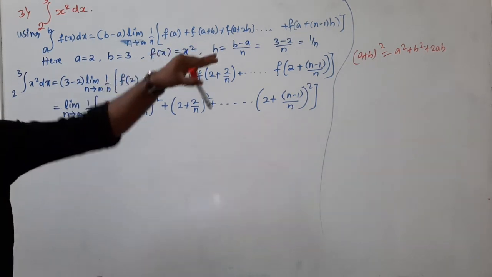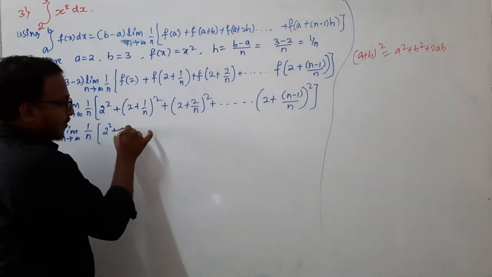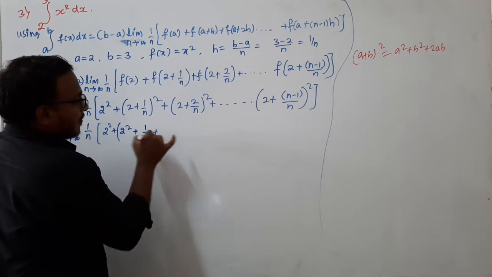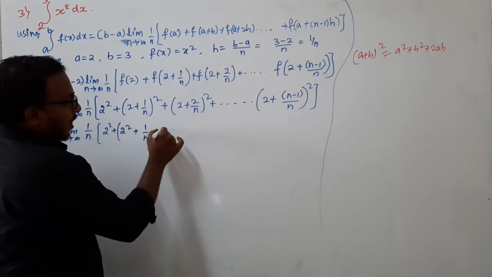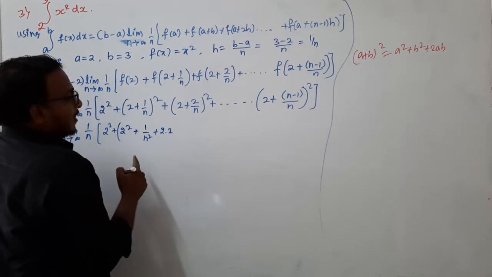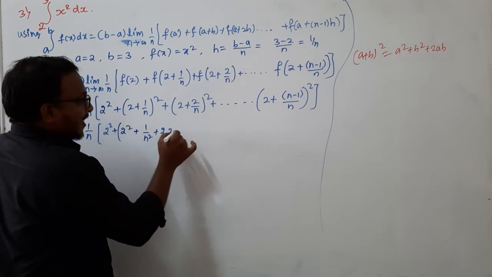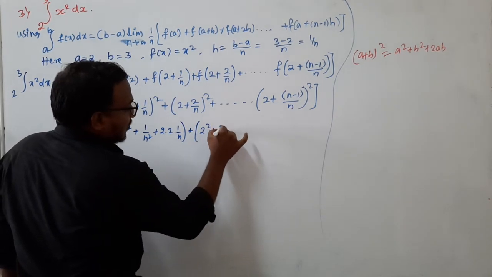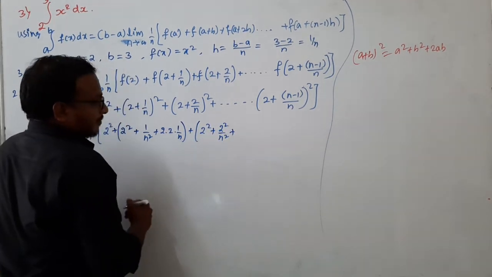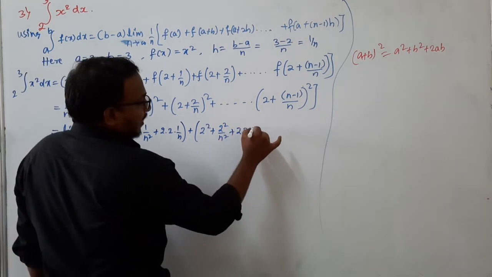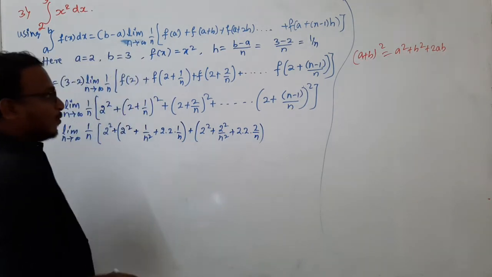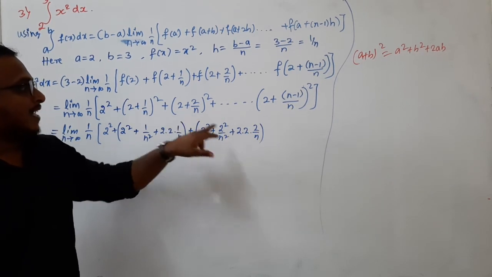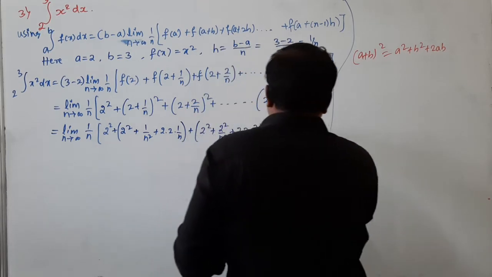Now I am writing that format only. Here a means 2, that is 2 square plus (1 by n) square plus 2ab, 2 into 2 into 1 by n, plus next 2 square plus (2 by n) square plus 2 into 2 into 2 by n, so on.